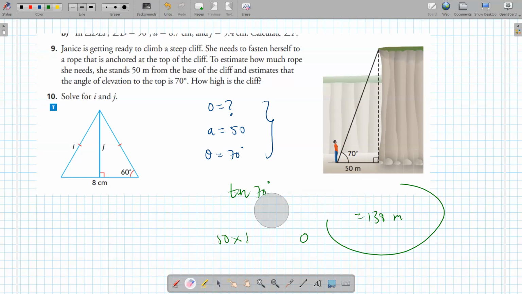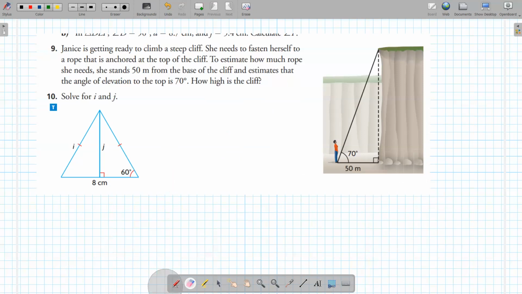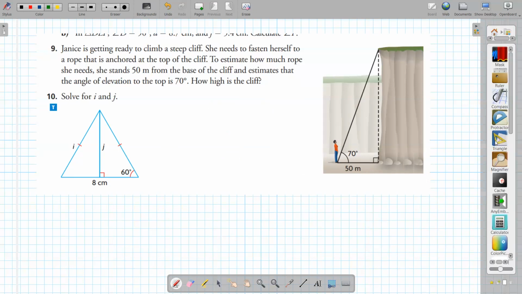Let's look at 10. What's going to be our approach for 10? Do we find I or J first?